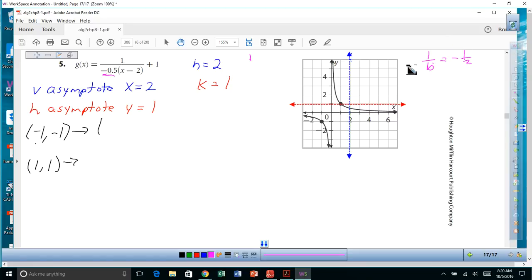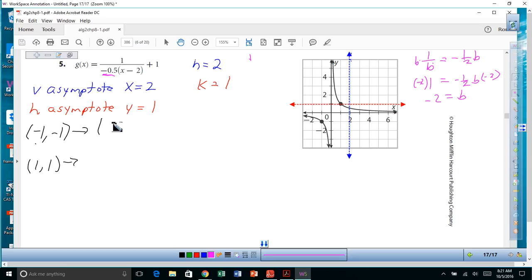Okay, so if we multiply both sides by b, we get 1 equals -1/2 b, right? And then if we multiply both sides by -2, we get -2 equals b. So b is -2. Now, the b affects the x.